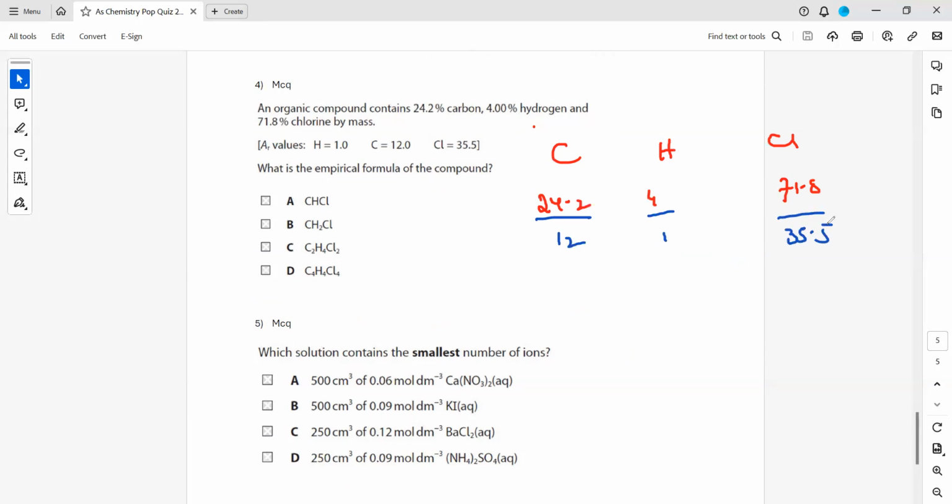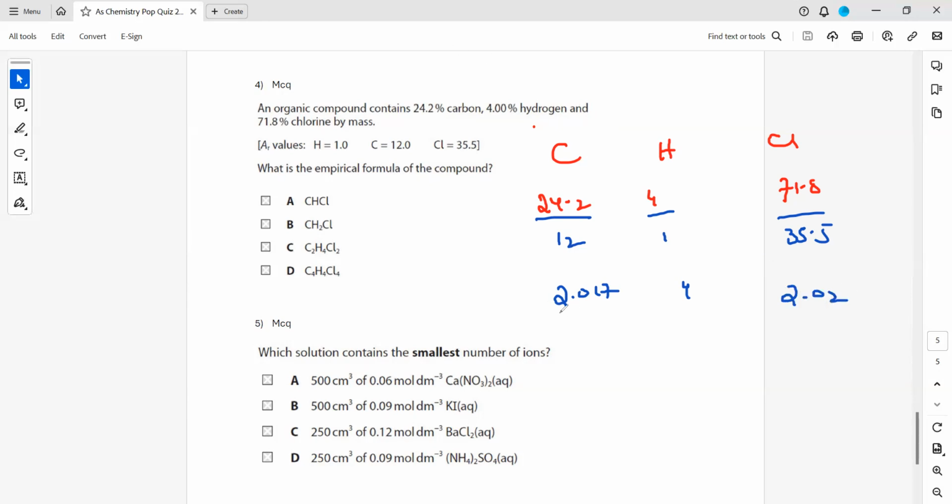So 24.2 divided by 12 is 2.017, 4 divided by 1 is 4, and the last one is 71.8 divided by 35.5, which is 2.02.